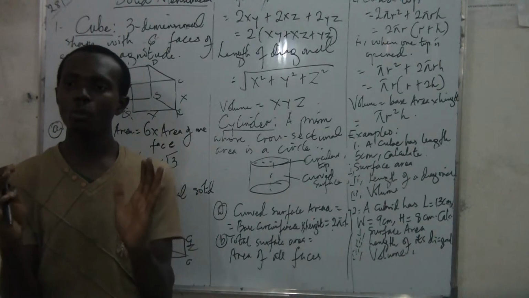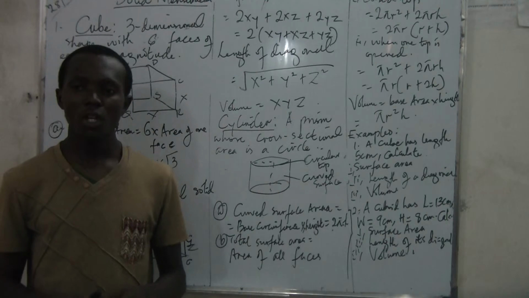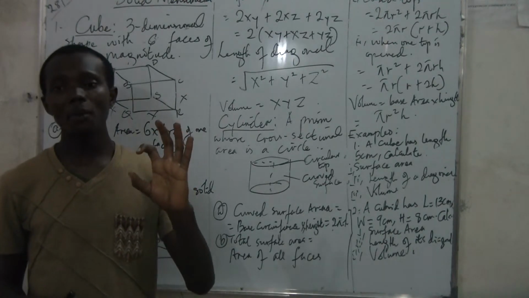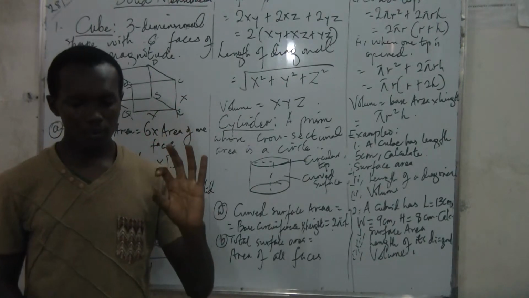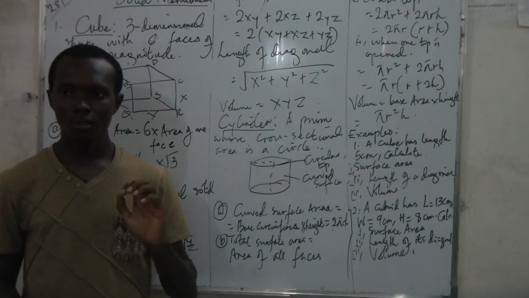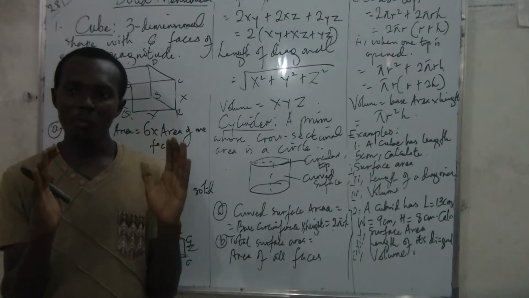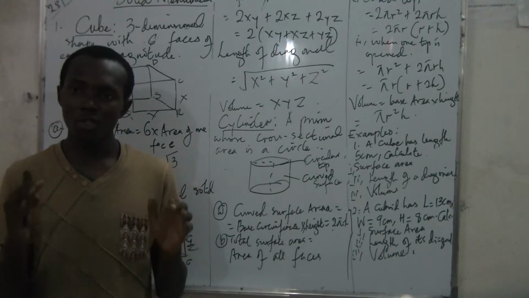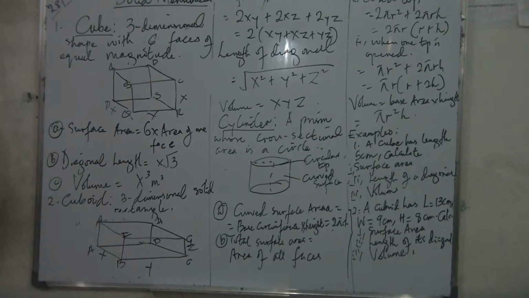Same thing if I have a cube, like a cube of sugar. That's an example of a cube. If I place it inside a glass or inside water, you will find out that there is a portion that the cube is occupying in space. That's what we mean by the word surface area.